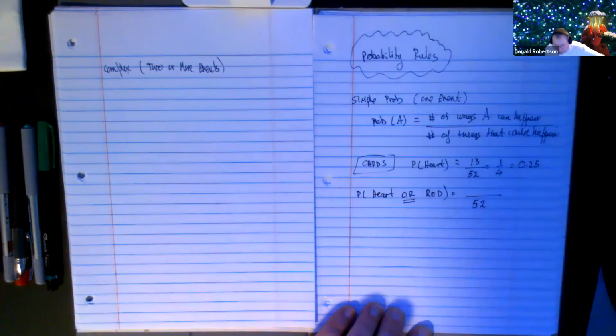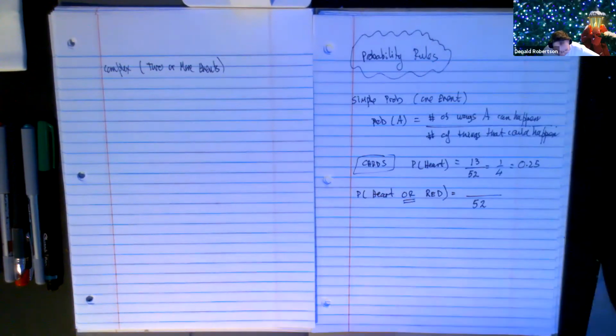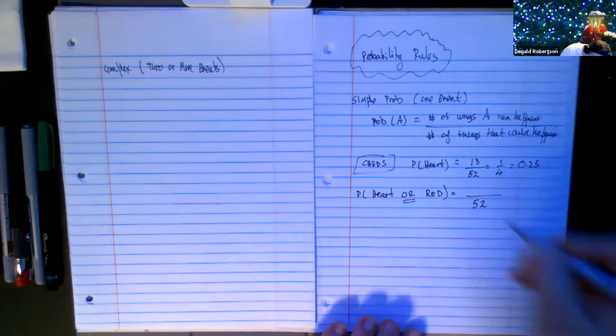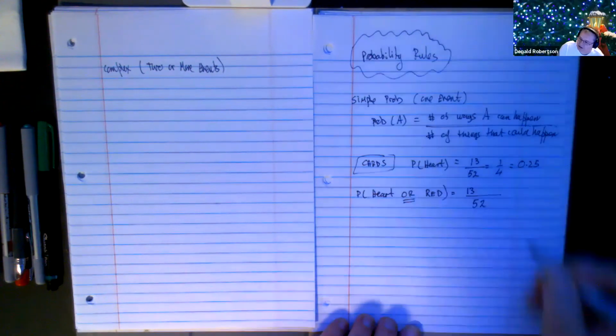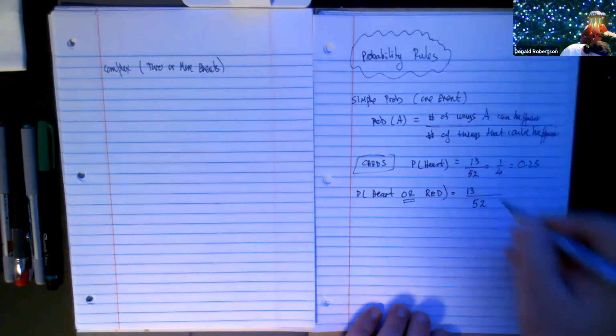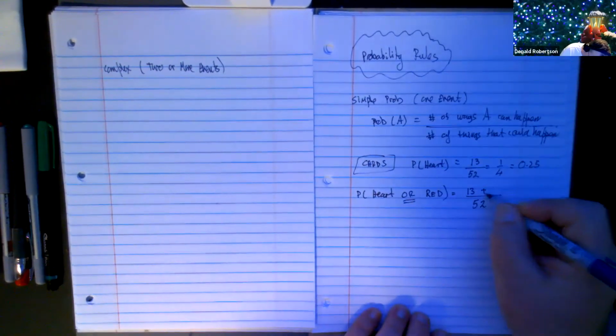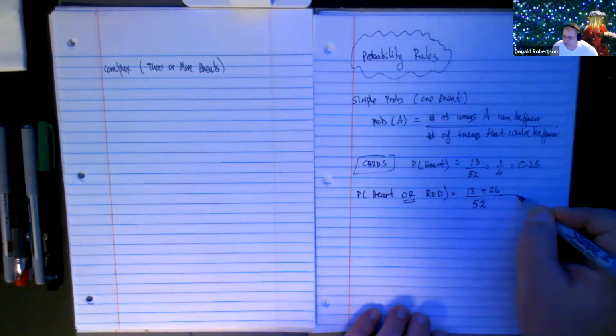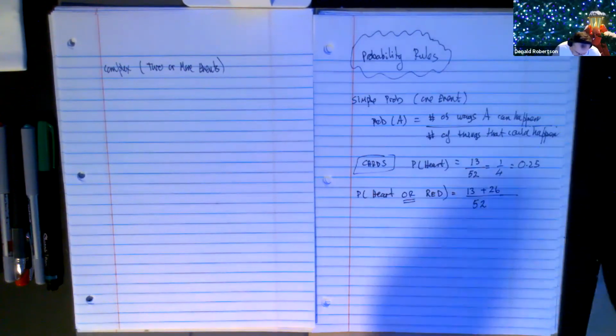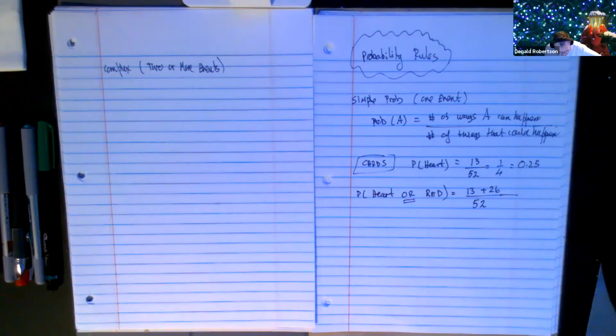Now it's all about how to count. There are 13 hearts in a deck. There are 26 red cards, right? 13 hearts, 13 diamonds. But the correct answer is not 29 out of 52.